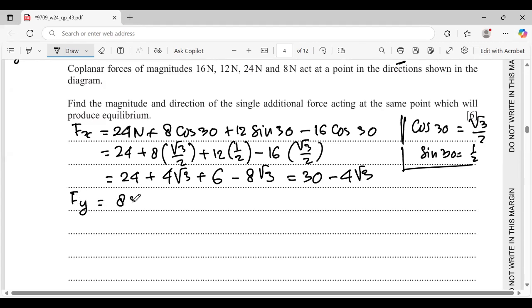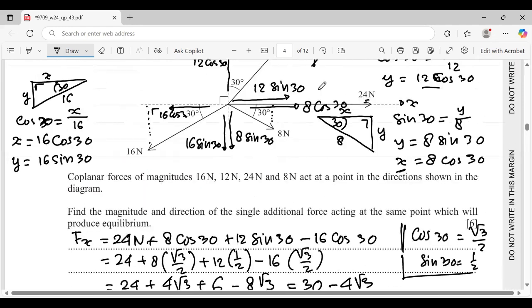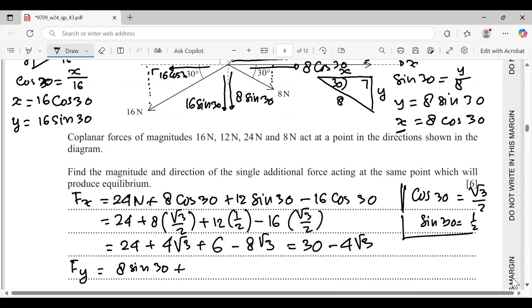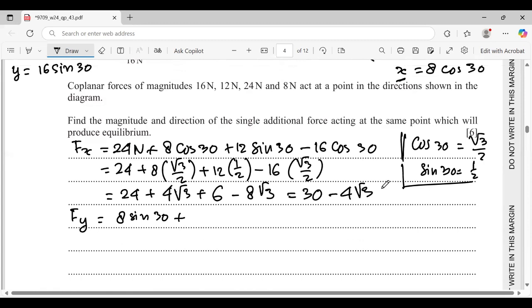Fy is 8 sine 30 plus, oh yeah, the direction to the right side, or to the positive side.